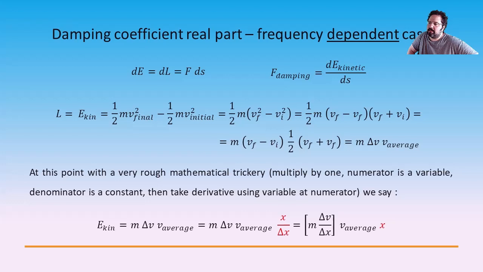So we can put the seconds inside the square bracket, and we leave the x, the distance, outside the square bracket, and we can derive. And once again, we have mass over kilograms on second times delta V.